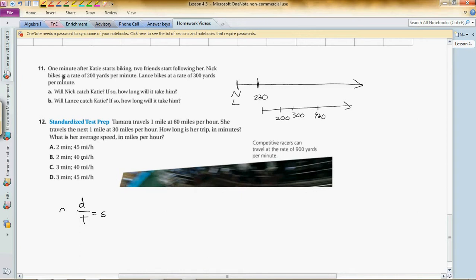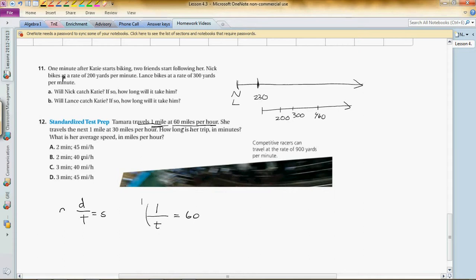Just like miles per hour, per means division. So 60 miles per hour is the speed, and 1 mile is the distance. So we're just going to replace that. We have distance, 1 mile, divided by time, which we don't know, and the speed, which is 60.